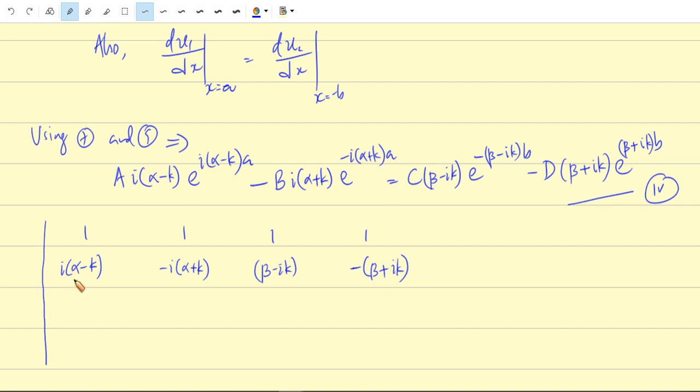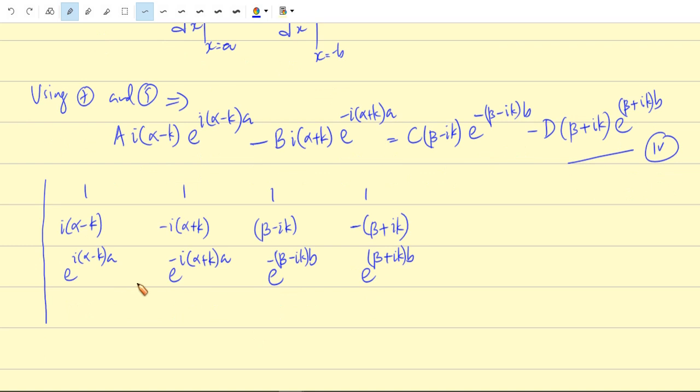Next the coefficients are e raised to i(α − k)a, e raised to minus i(α + k)a, e raised to (β − ik) into minus b, e raised to (β + ik) into b.